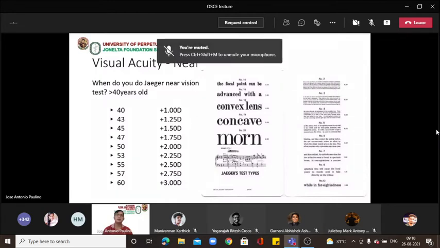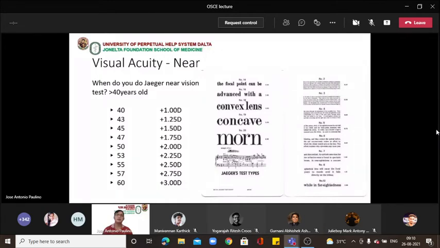So we test it by showing them a picture chart or a Jaeger's test chart. This is tested 14 inches away from the patient's face, and we ask them to read. If the patient can read the letters MORN, we score that as J20.